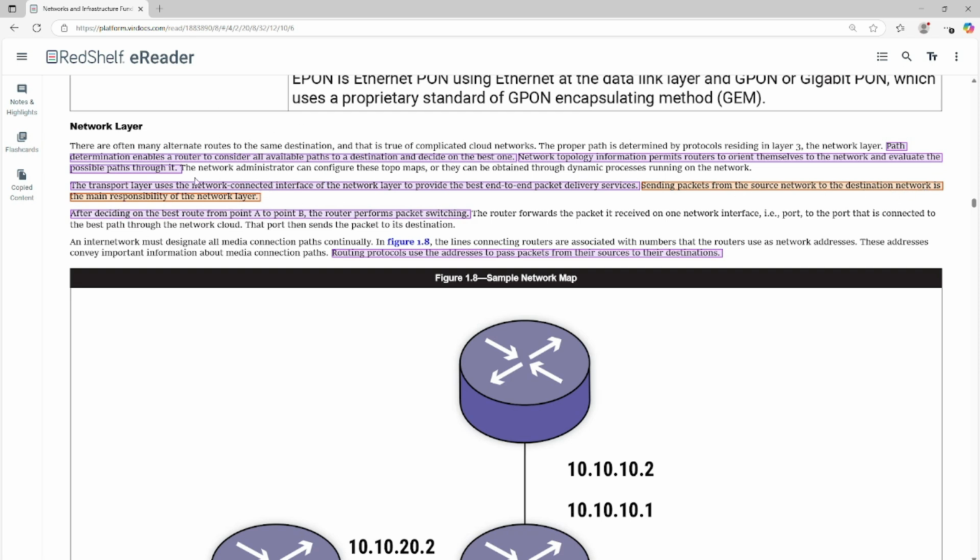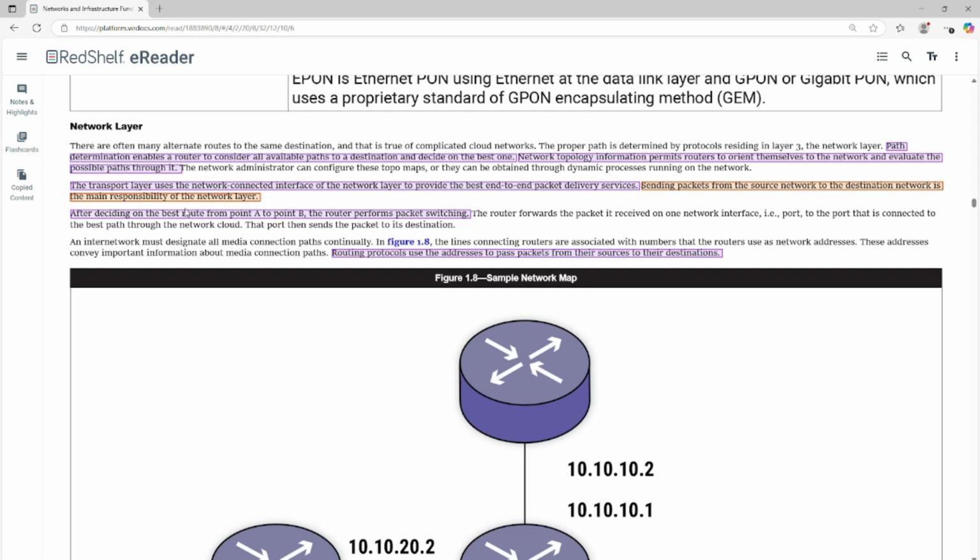At this layer, the transport layer does use the network connected interface of the network layer to provide the best end-to-end packet delivery services. So the transport layer benefits from the network layer by being able to use that interface to provide the best end-to-end packet delivery service.